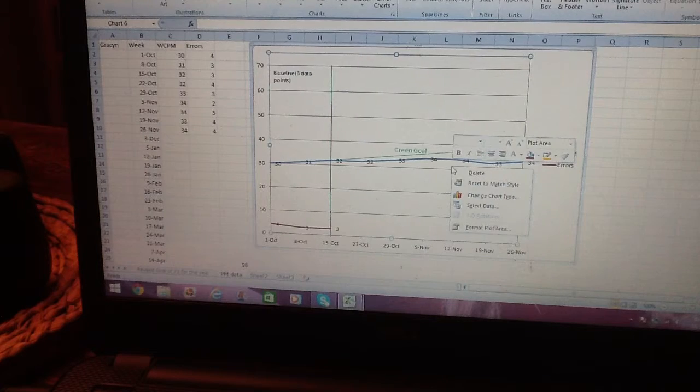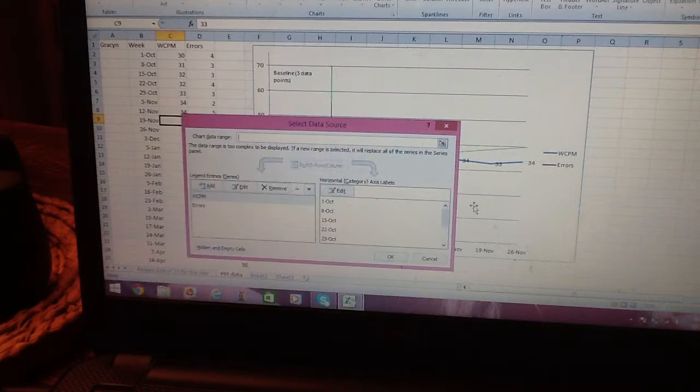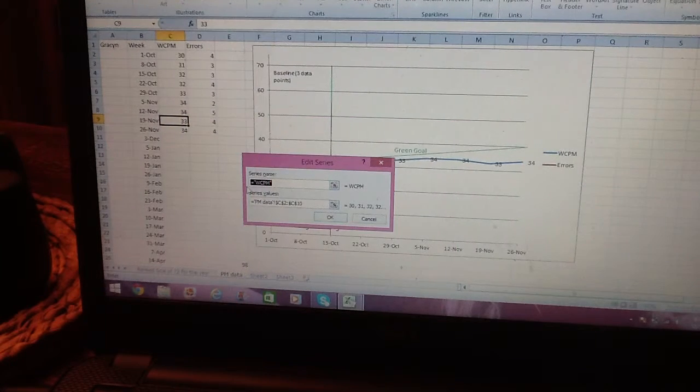To do that, you select new data, choose words correct per minute, and edit it. It is coming up correctly now because I want cell 2 through cell 10 here.